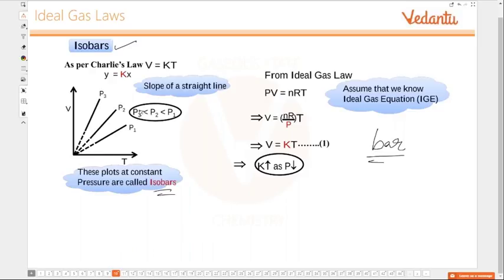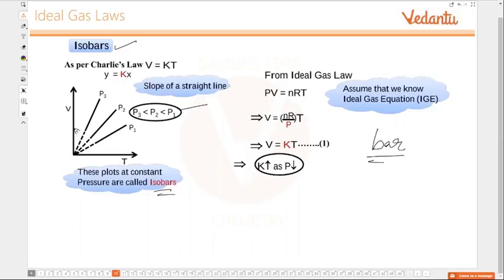Which one is the correct one? P3 less than P2 less than P1. How do we get that? You can draw a line like this, horizontal or vertical line, whichever way you want. This is the highest temperature, so this pressure also should be highest. Pressure and temperature also have a direct relationship. That is what you see here.